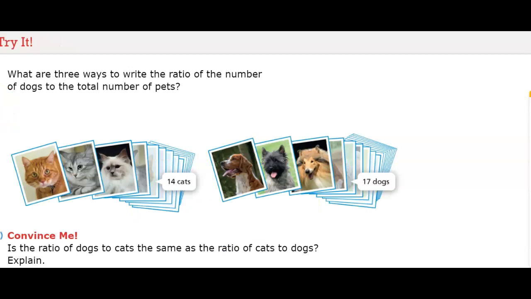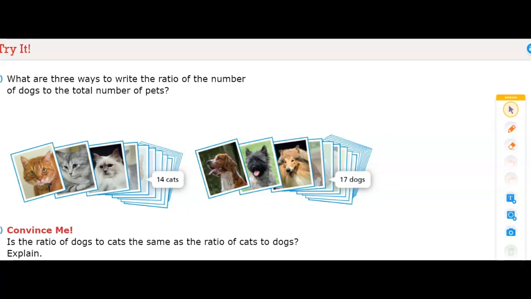What are three ways to write the ratio of the number of dogs to the total number of pets? We have to determine three ways to write the ratio of dogs to the total number of pets.